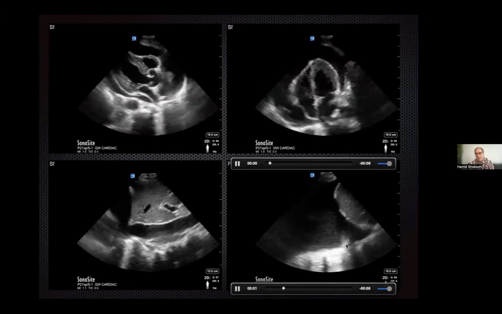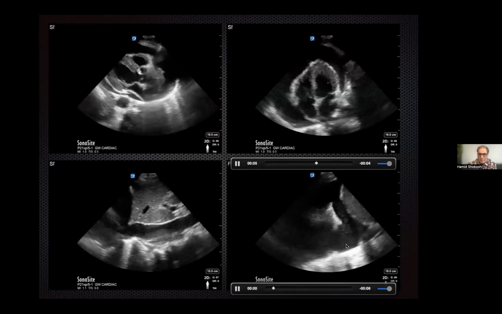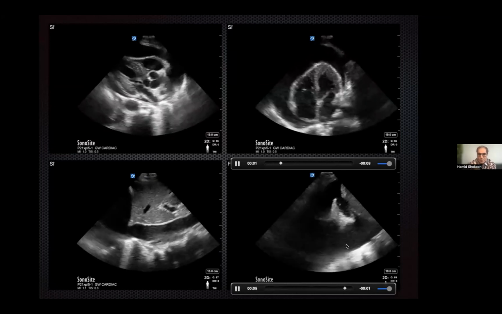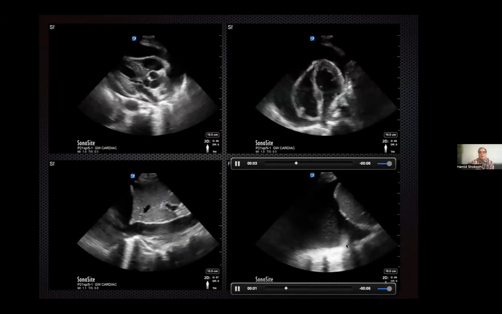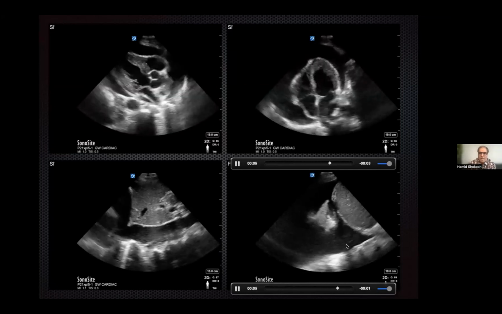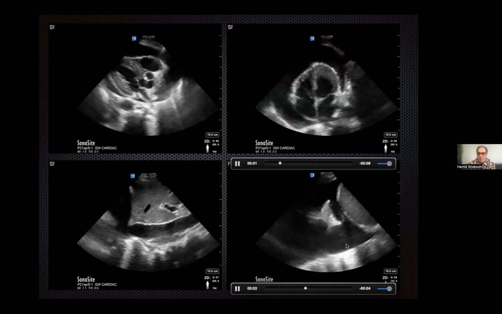So this patient actually got a CT scan for further evaluation finally. Patient has confirmed pneumonia with even a positive culture. Patient had a large pericardial effusion, and the patient has a saddle pulmonary embolism.